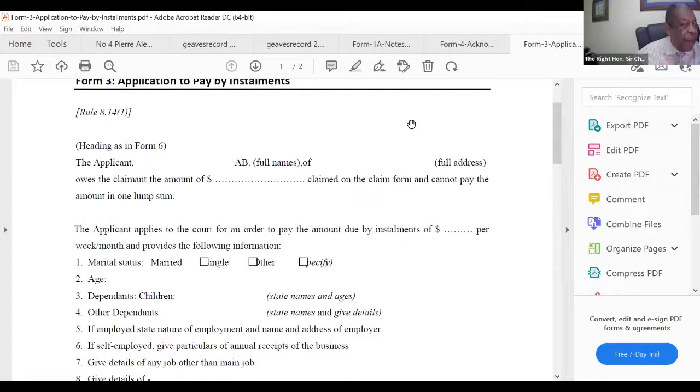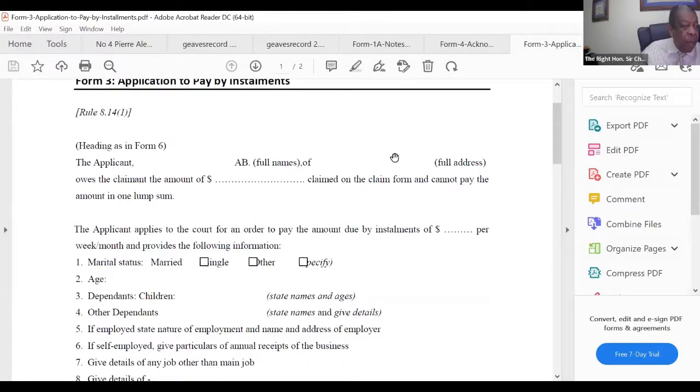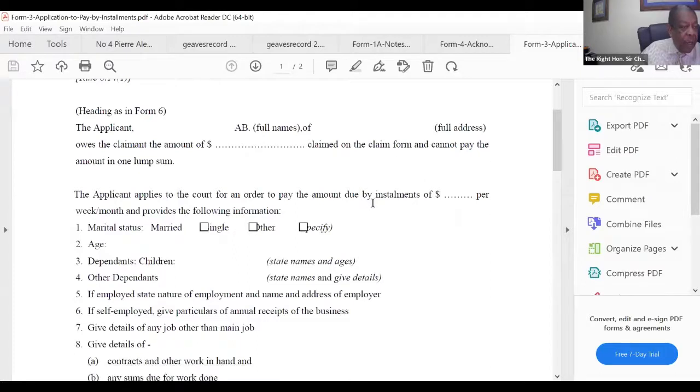Now, for the person concerned about the fairness of the opportunity to apply to pay by installments, you see, the applicant has to acknowledge the debt. Then the applicant indicates the offer for payment, and then the information upon which the court will exercise its discretion, which could be challenged by the claimant, is set out.